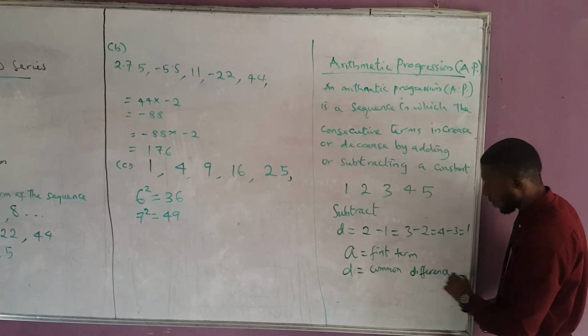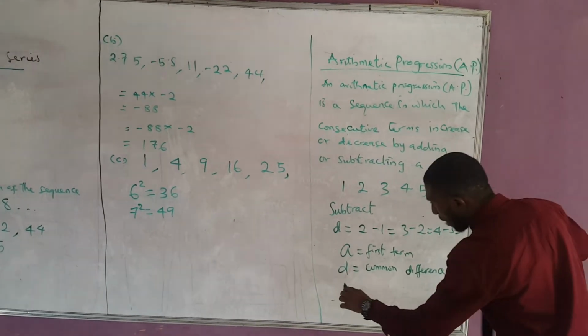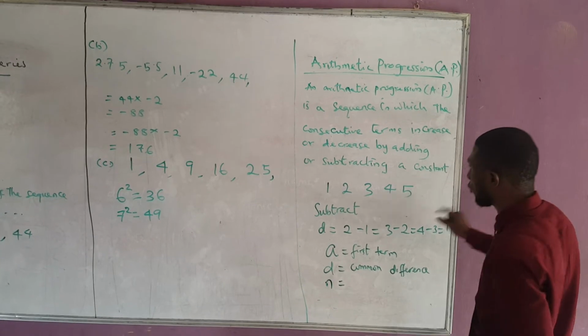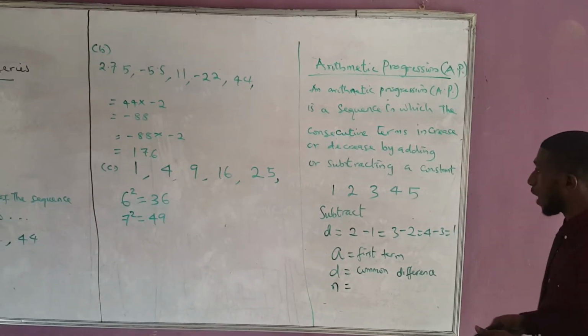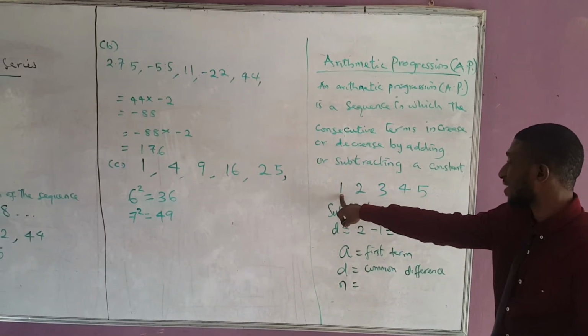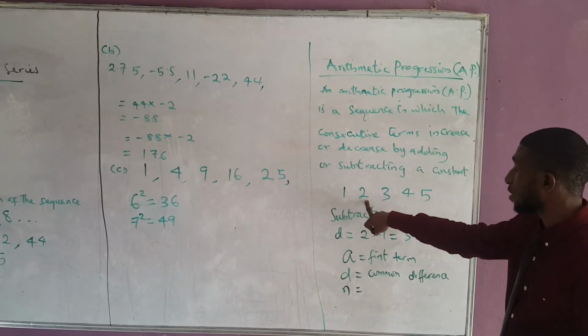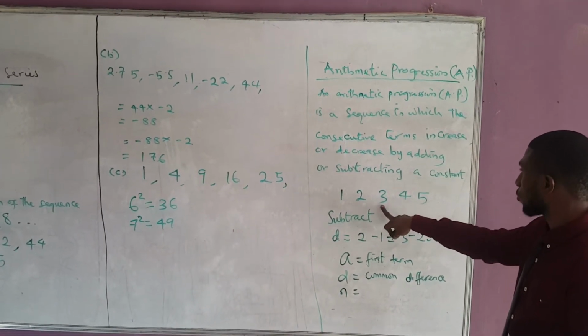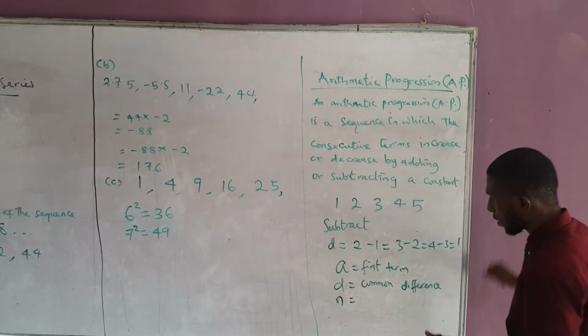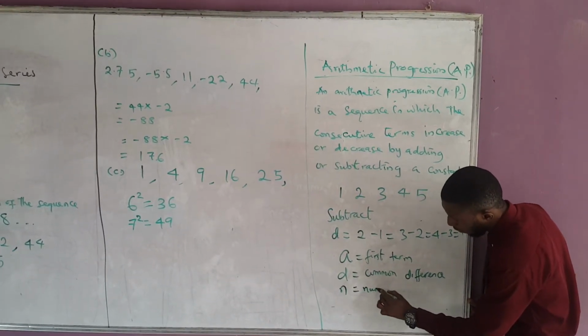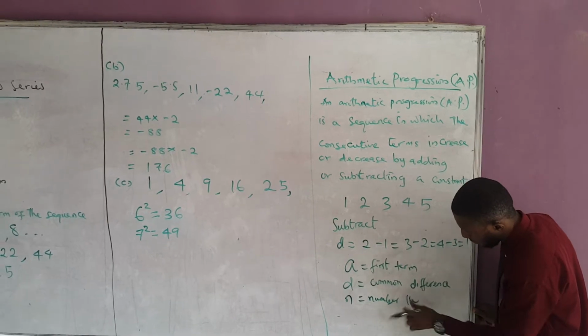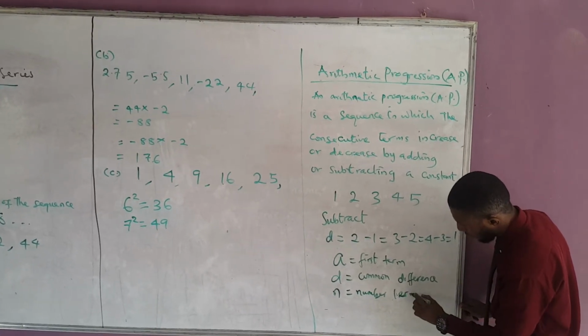And n is the position, the one we are looking for. Let's say this one is number 1, that's the first term. This one is number 2, that's the second term, third term, fourth term, and so on and so forth. N stands for the number of the term.